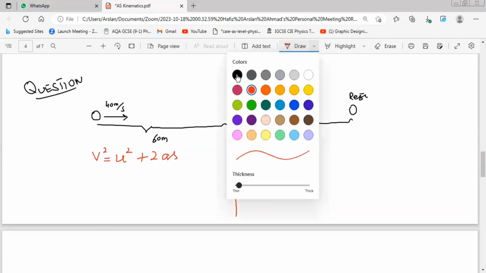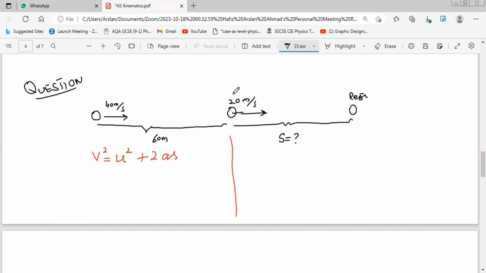Putting in the values, v is the final speed and u is the initial speed for this case. So 20 square is equal to 40 square plus 2, a we will find, and distance is 60. By calculating this equation, we will get a is equal to minus 10 meters per second square.